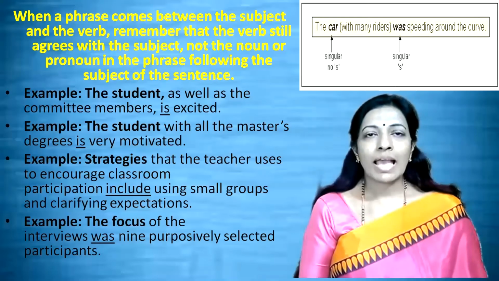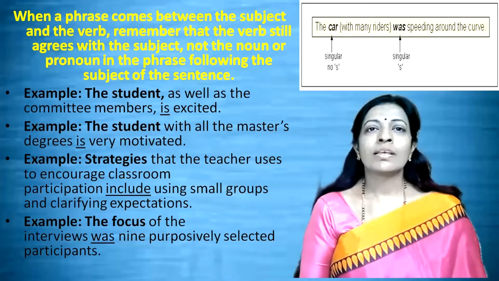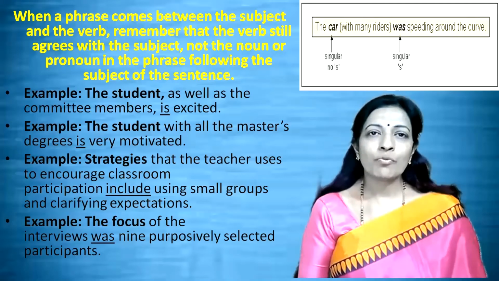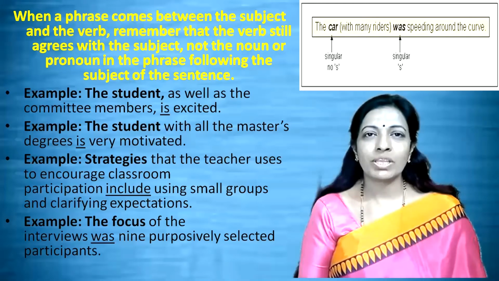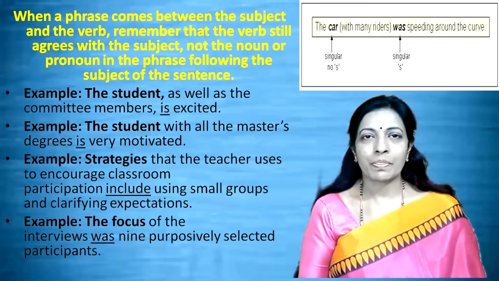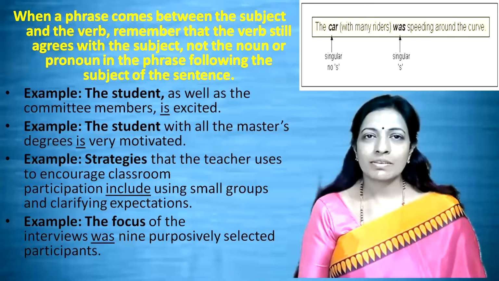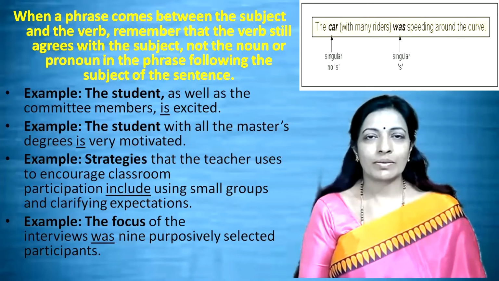The student as well as the committee members is excited. In this sentence, the student is the subject. The verb is is. Now we find a phrase, as well as the committee members, between the subject and the verb. Though the noun in the phrase is plural in nature, we can see that the verb is still singular because the subject, the student, is singular.